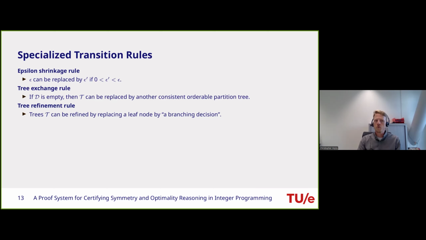We can also replace the entire order in a certain sense. If we first move all the derived constraints to the core constraints, then we can remove the tree that we have started with. We can replace it by a completely other orderable partition tree, and then start, let's say, anew with the orders derived from this different tree.